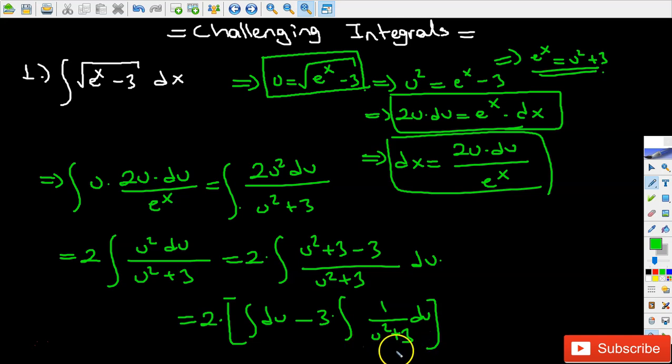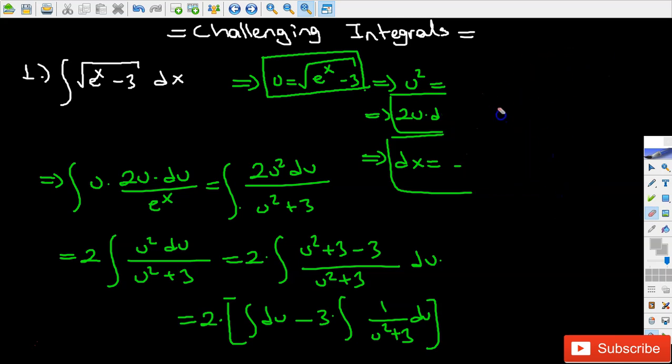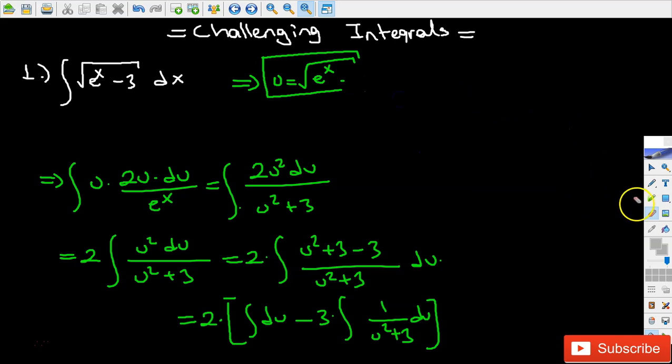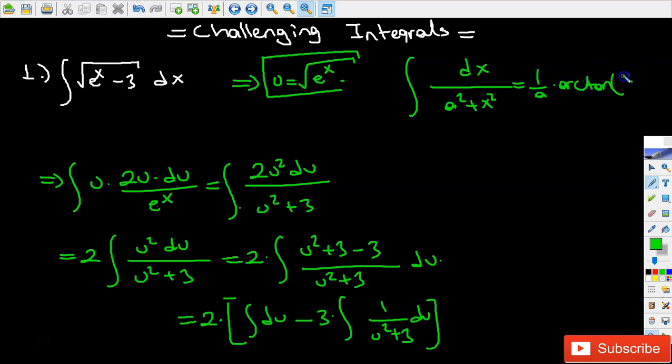For the second integral, let's remember one of the integral forms that we need to keep in our mind all the time: the integral of dx over a squared plus x squared is always equal to 1 over a times arctangent of x over a plus c. We're going to be using this.